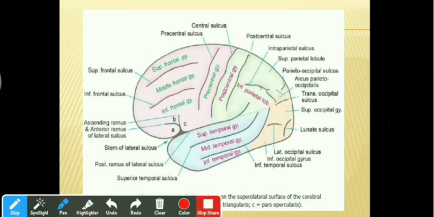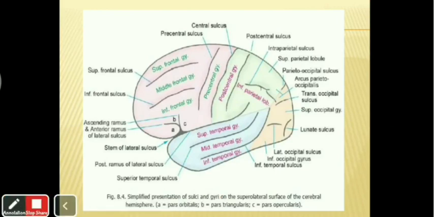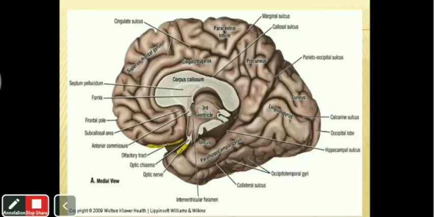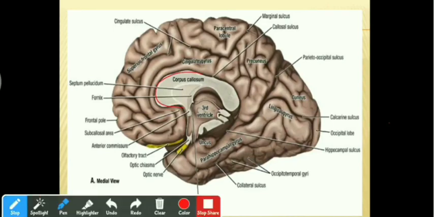Now we are going to see the sulci and gyri present on the medial surface. The main feature of the medial surface is the corpus callosum. You can clearly see here a C-shaped cut mass.